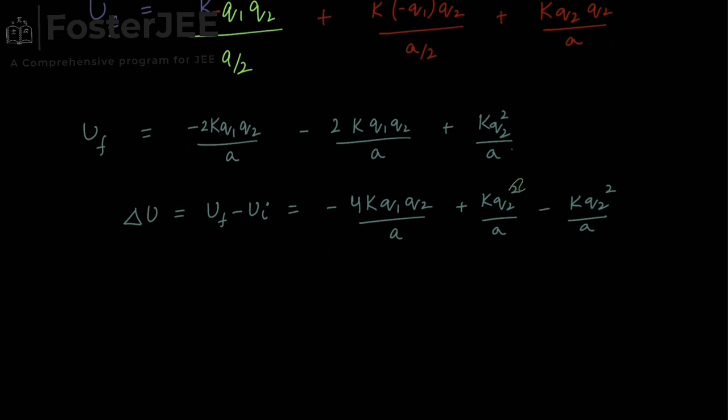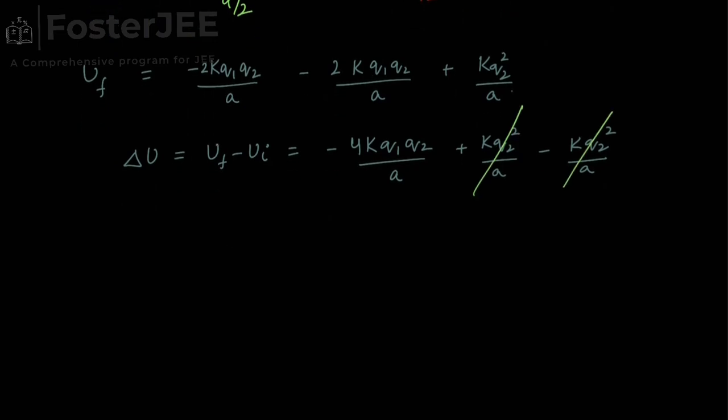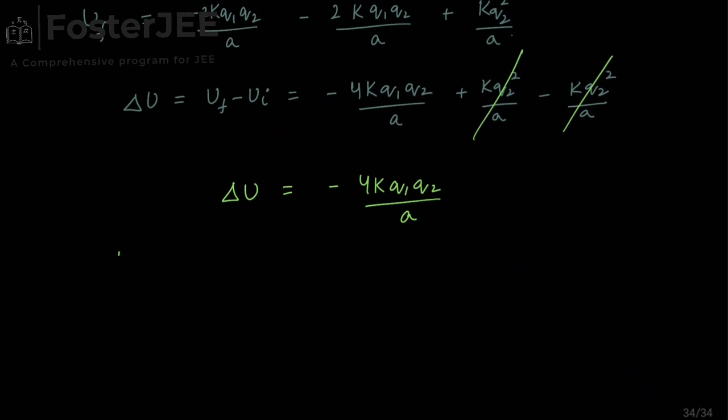So this gets cancelled out, and the change in potential energy becomes minus 4K Q1 Q2 upon A. Now by the definition of potential energy, we can define the change in potential energy as the negative of work done, or work done will be the negative of the change in potential energy.